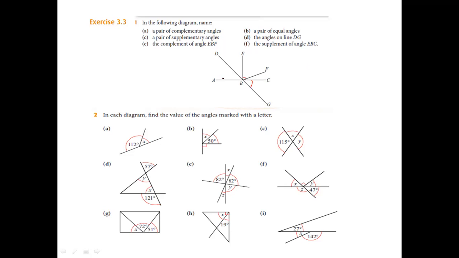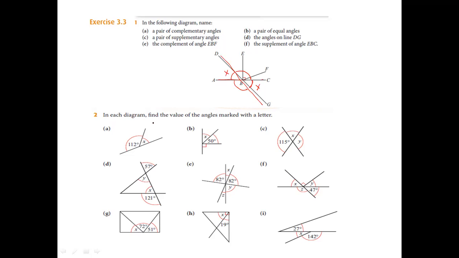Here is straight line AC, and DG is also a straight line. So that's why this angle and these angles are equal to each other. So automatically this angle and this total angle are also equal angles, vertically opposite angles.